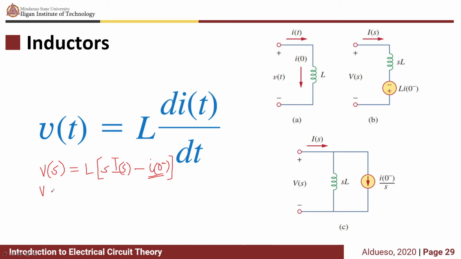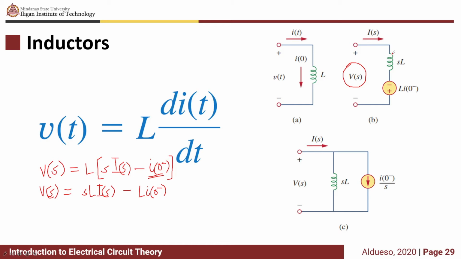So in terms of voltage, V(s) is sL times I(s) minus L times i(0-). So in terms of circuit, V(s) is composed of two components.